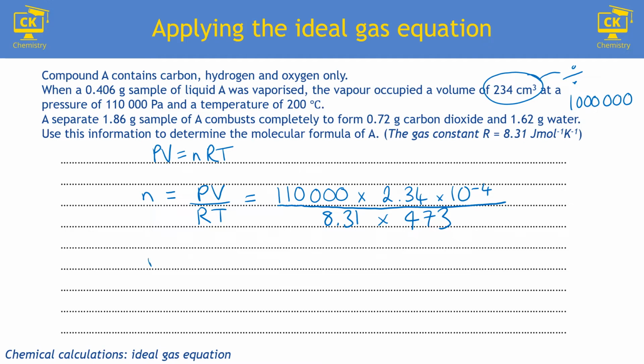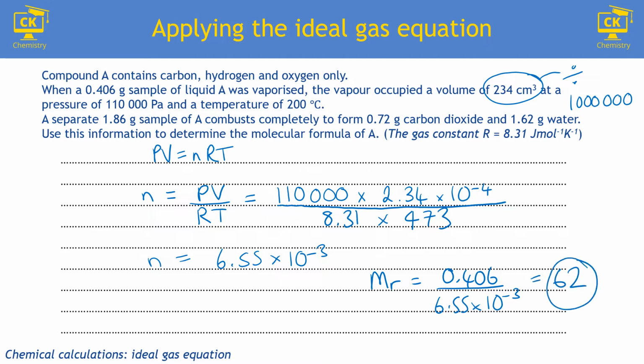And the number of moles, n, is equal to 6.55 times 10 to the minus 3. We're now going to plug this into our equation for MR. MR is mass over number of moles, so it's 0.406 over 6.55 times 10 to the minus 3, and that gives us a molar mass of 62, a sensible number for the mass of a gas.